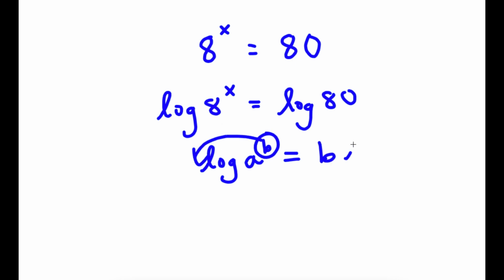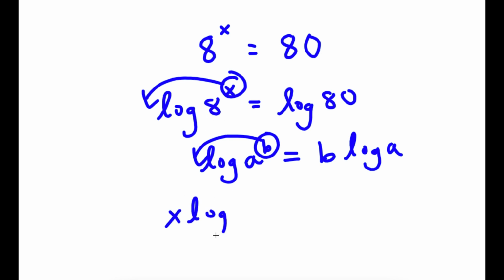So this is going to equal b times log a. So in this case, I have log 8 to the power of x, so I can move x to the front. So now I have x times log 8 is equal to log 80.